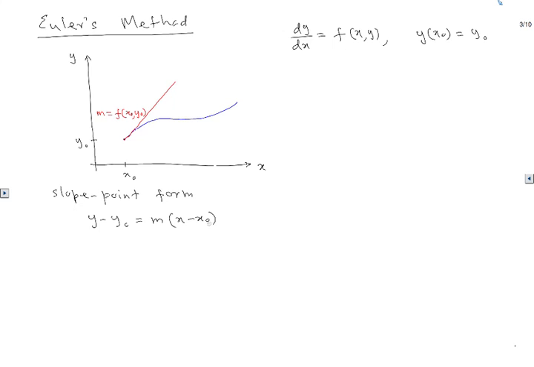If you plug in the slope f(x0, y0), then we have x minus x0.